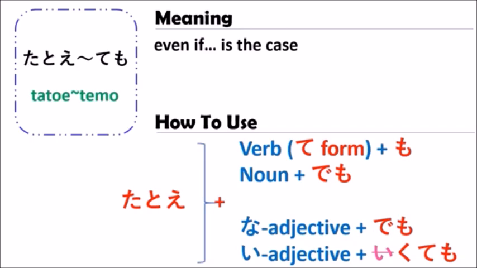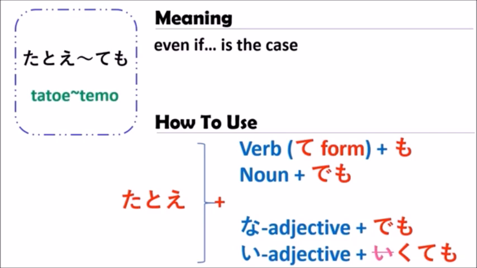And the last one is the i-adjective. When you use it with the i-adjective, you should cut out the i, and after that follow with kutemo, for example, oishikutemo. Oishii ends with i, but you should cut the i, so we can say oishikutemo, something like this.